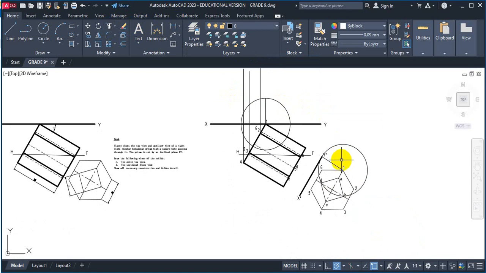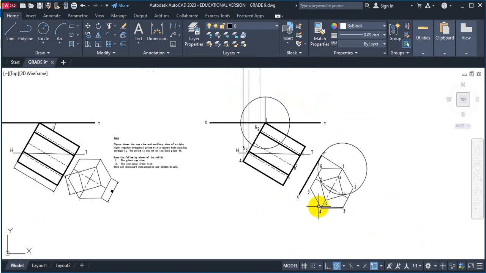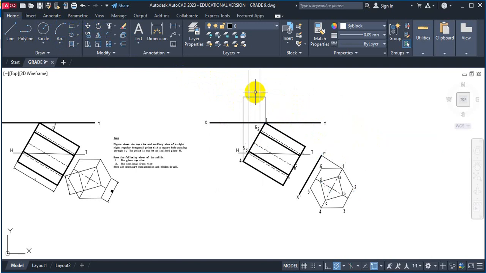Okay, a quick one. 1 and 4 should be the same distance. So I can simply do a construction here, meaning that number 4 has already been found over there. So I will remove the circle now because I don't need this anymore. So that part is done.